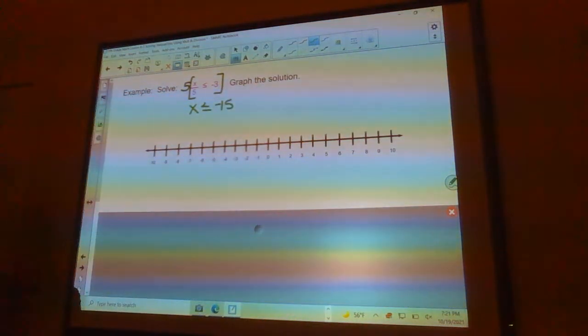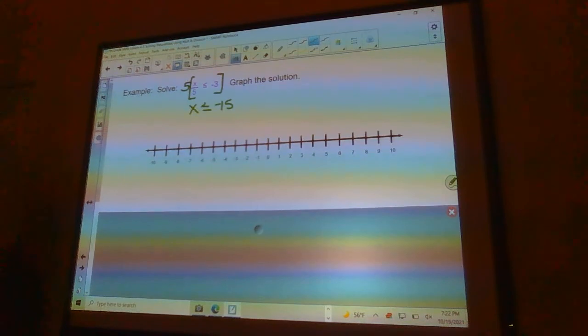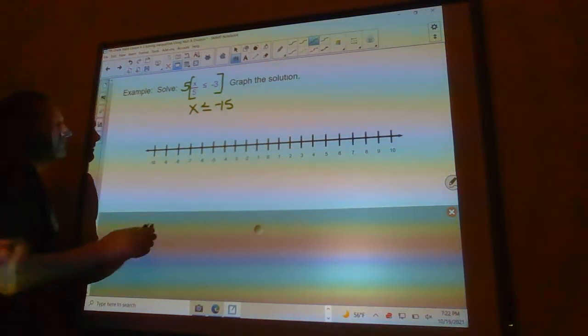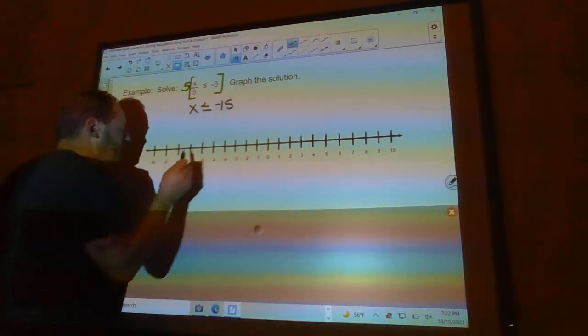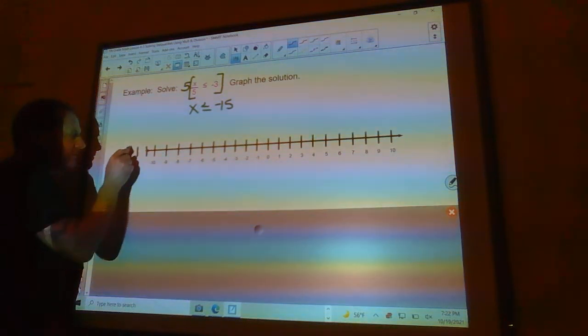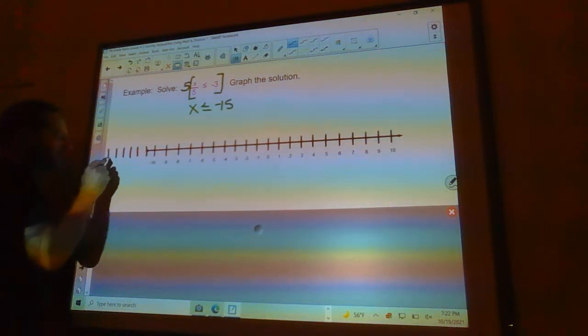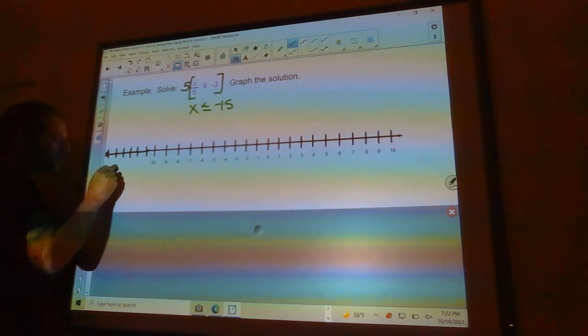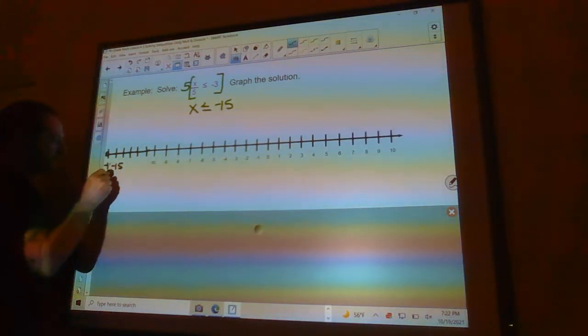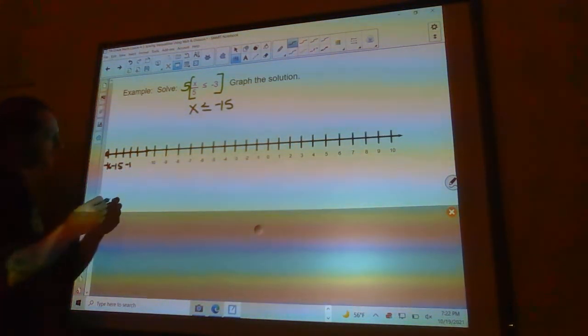Oh, wait, my number line doesn't go all the way to negative 15, does it? Okay, so that's a bummer. So I'd have to come out here and I'd have to go, okay, 11, 12, 13, 14, 15, 16. There's negative 15. There's negative 16, and so on.